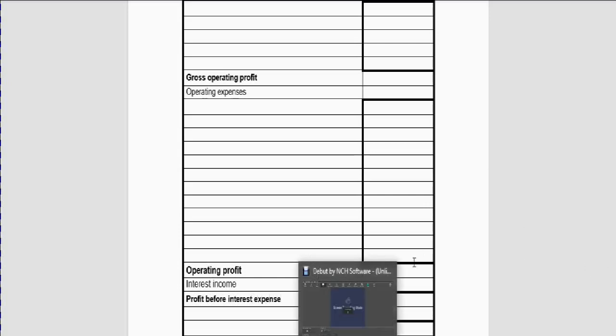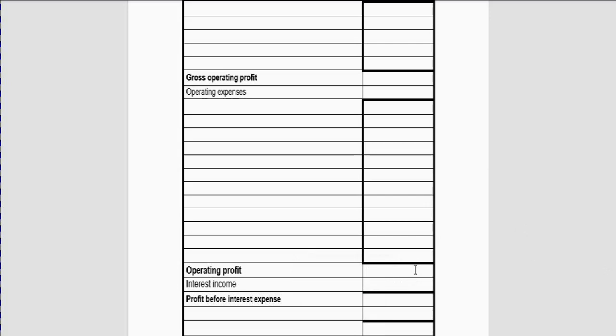So it will be the operating profit plus the interest income that gives me the profit before interest expense.